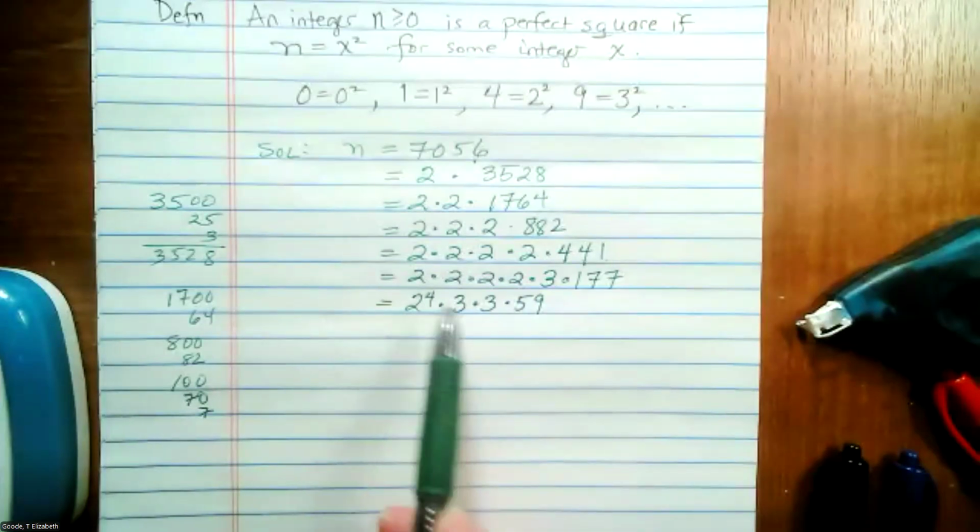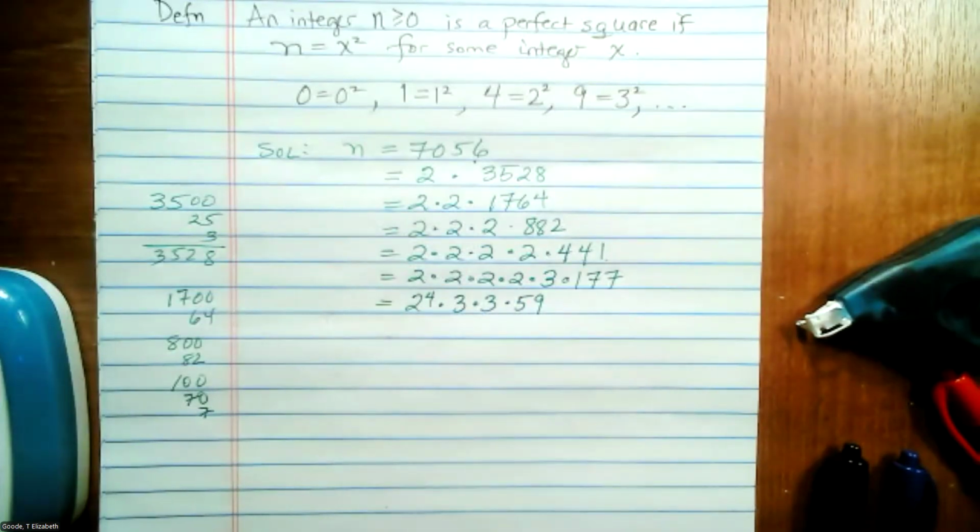Can you multiply these together with a calculator and see if I did that right? I'm wondering if I've made a little mistake here.